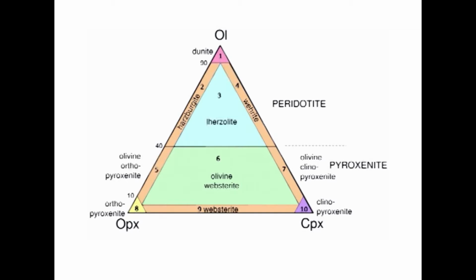Altogether, right from number 1 to 4, all come under the peridotite category. Fifth, olivine orthopyroxenite, sixth, olivine websterite, seventh, olivine clinopyroxenite, eighth, orthopyroxenite, ninth, websterite, and 10 clinopyroxenite. Right from number 5 to 10, that is olivine orthopyroxenite to clinopyroxenite, all these rock types come under the pyroxenite category.